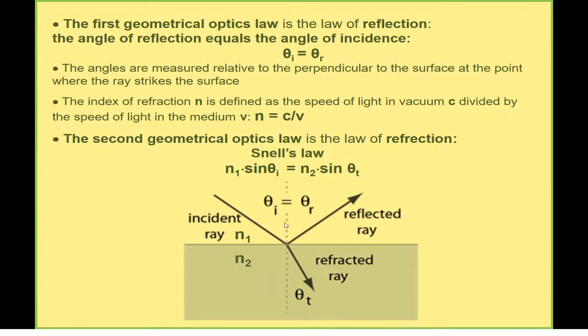So, if we talk about the direction, we say what is the magnitude of this angle, and it becomes absolutely clear what is the direction of the propagation of the incident ray.